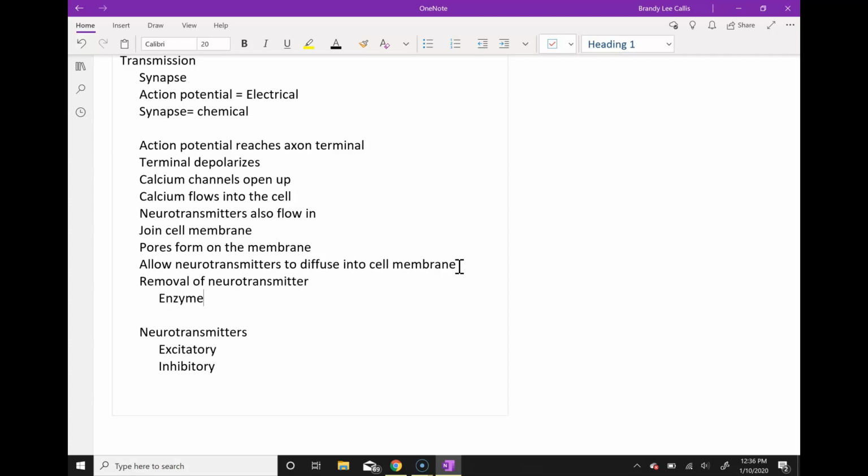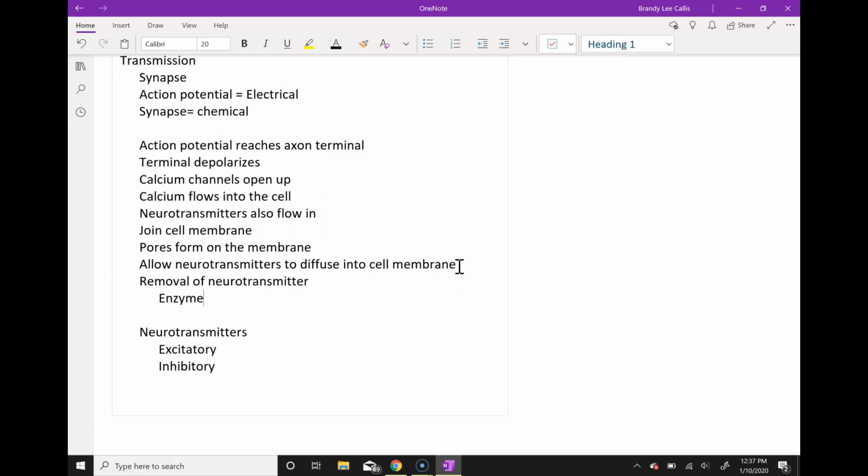Now, how can you remove this neurotransmitter if it is just a chemical signal between the synaptic cleft and the next, either the next neuron or the muscle fiber? Well, you have to release these enzymes. These enzymes go and attach to whatever neurotransmitters are left in the gap, and they kind of just neutralize them.